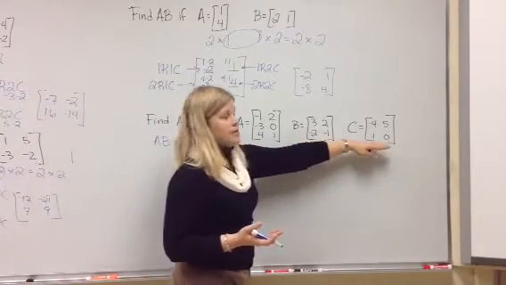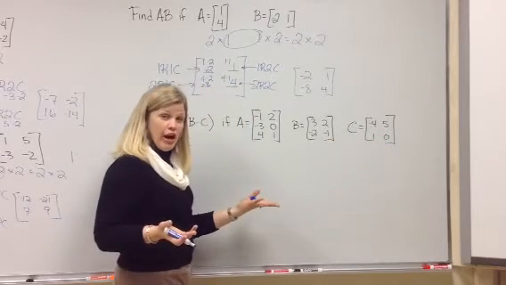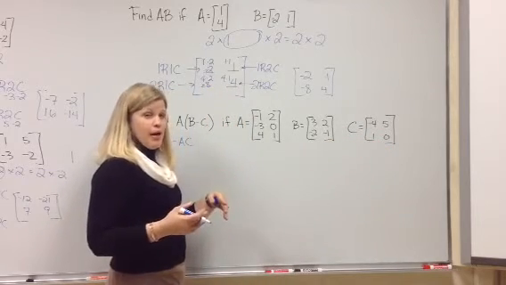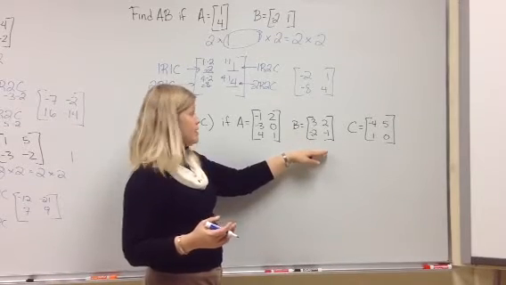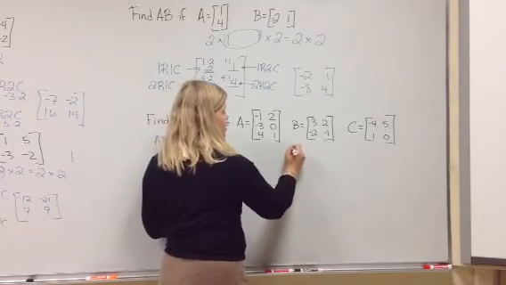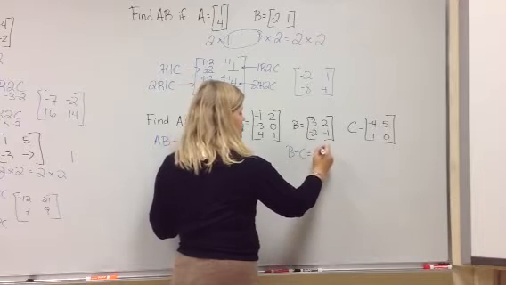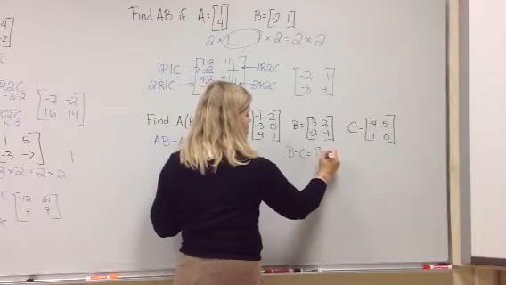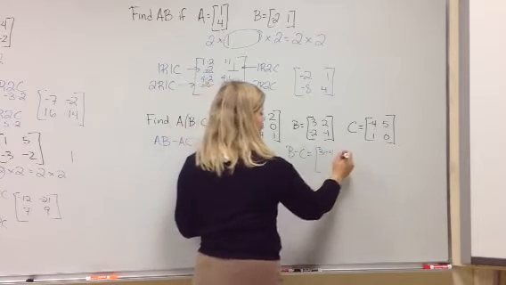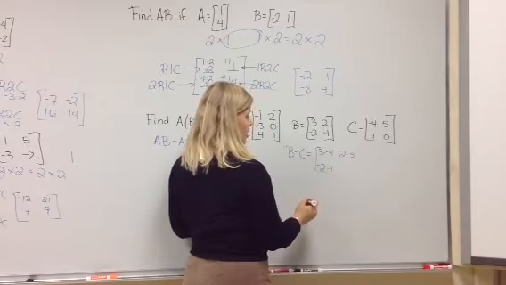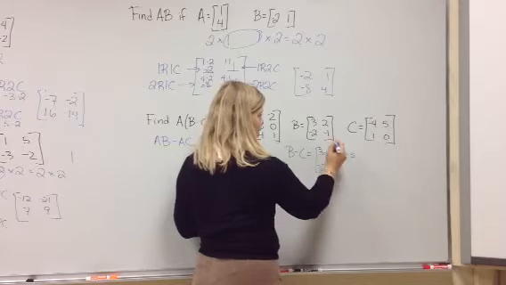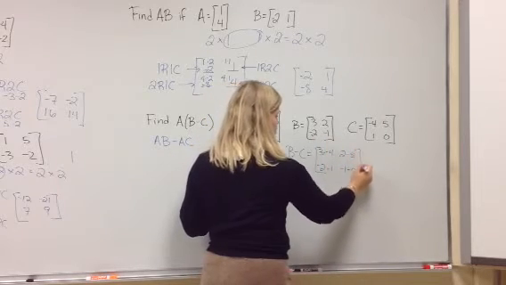So, B and C, can we actually subtract them? I think we probably will be able to because remember, what's the rule? They have to be exactly the same size. So, B minus C is just 3 minus a negative 4, 2 minus 5, negative 2 minus 1, and negative 1 minus 0, okay?